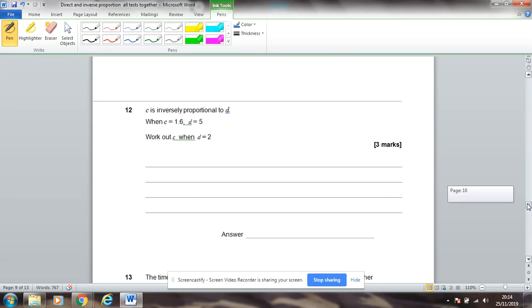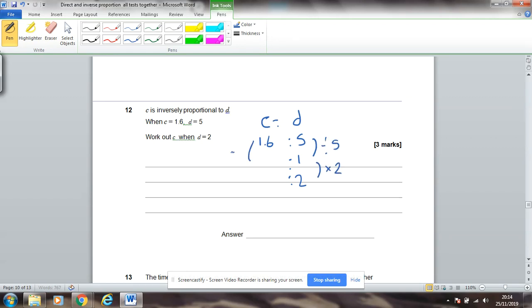C is inversely proportional to D. When C is 1.6, D is 5. Work out C when D is 2. So we've got C, D, C 1.6, D 5. We want to get D to be 2. Always worth visiting 1 because it's nice and easy. Divide by 5, times by 2. We've got to do the same to this.